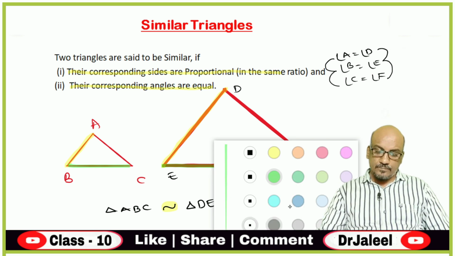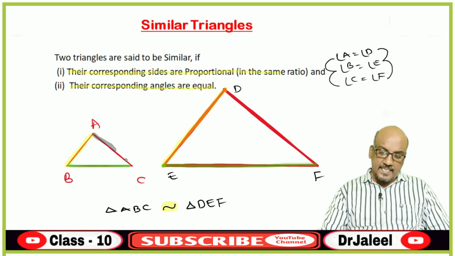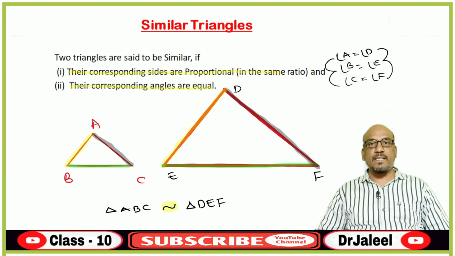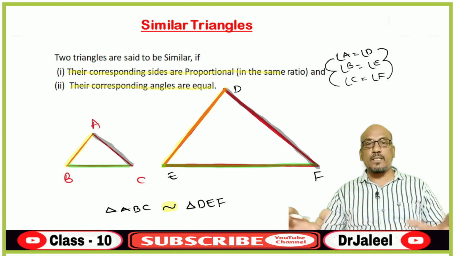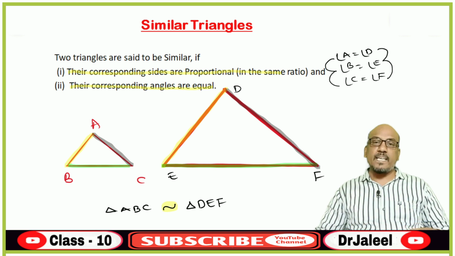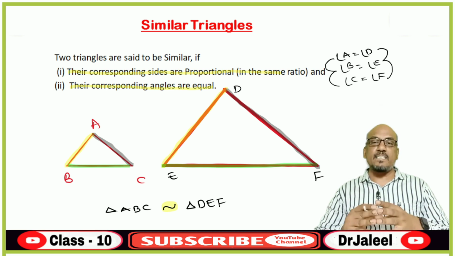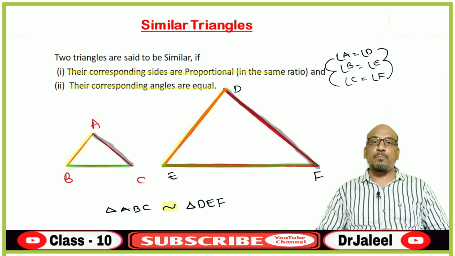And the third side, that is AC, is also enlarged and named as DF. So how much AB is enlarged, the same way BC and AC are also increased. So if the increasing rate or decreasing rate is same, we call them proportional.